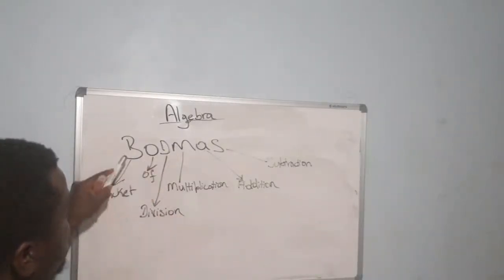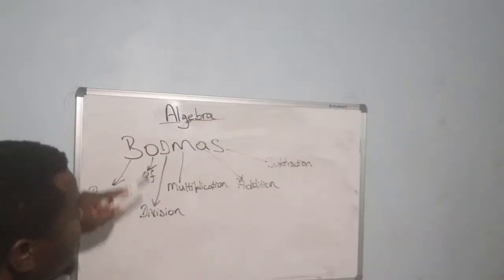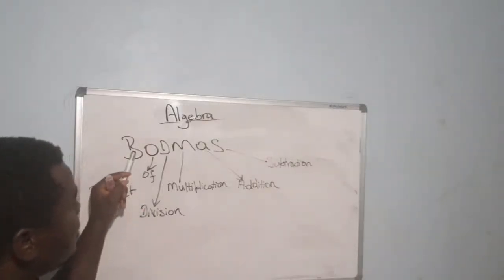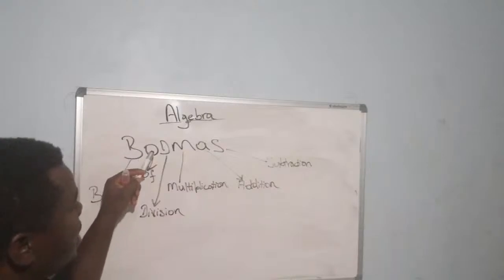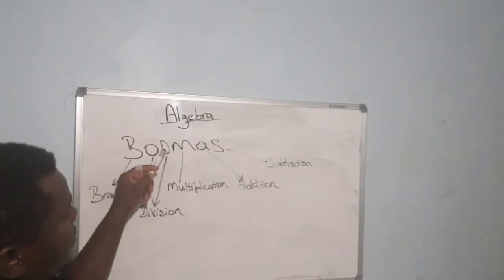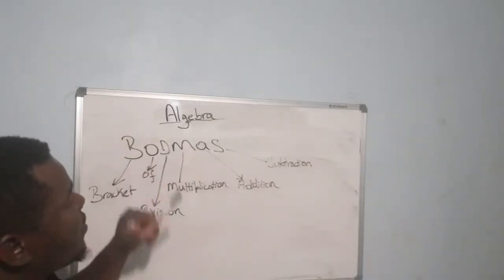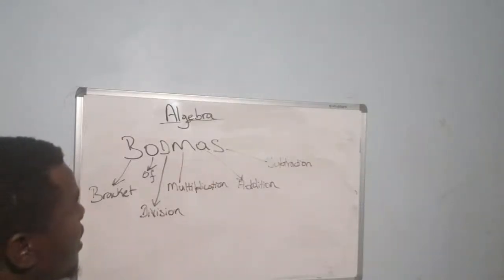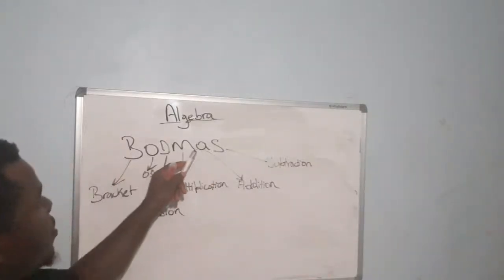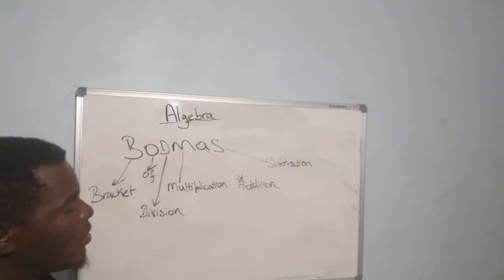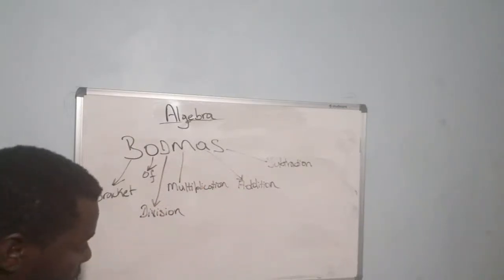Whenever you see a problem and there is a bracket, you identify and work out the bracket first. And then wherever you see a division or a multiplication, you work those out first. Then you add, then you subtract.